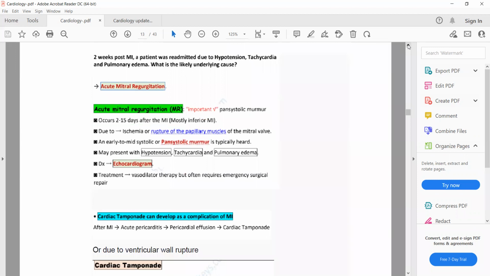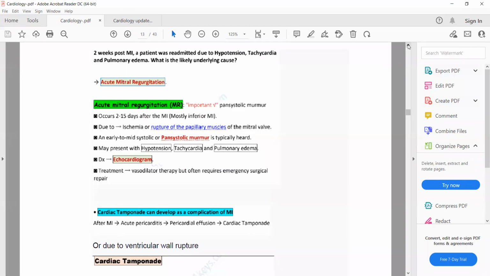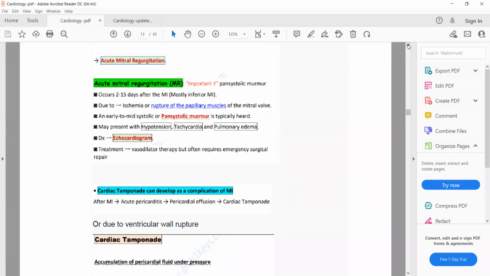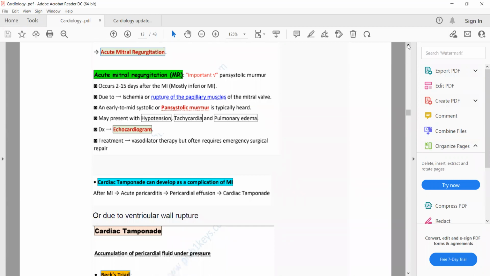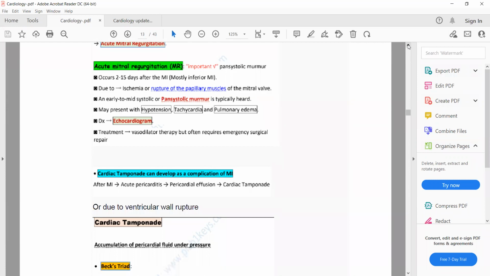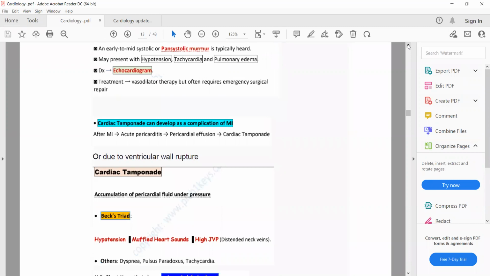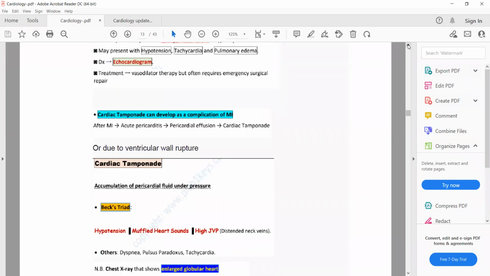The treatment of mitral regurgitation is surgical repair, and the treatment for ventricular septal defect is also surgical repair. So their presenting features and examination findings are almost the same, they are both diagnosed by echocardiogram, and the treatment is also the same, which is surgical correction.